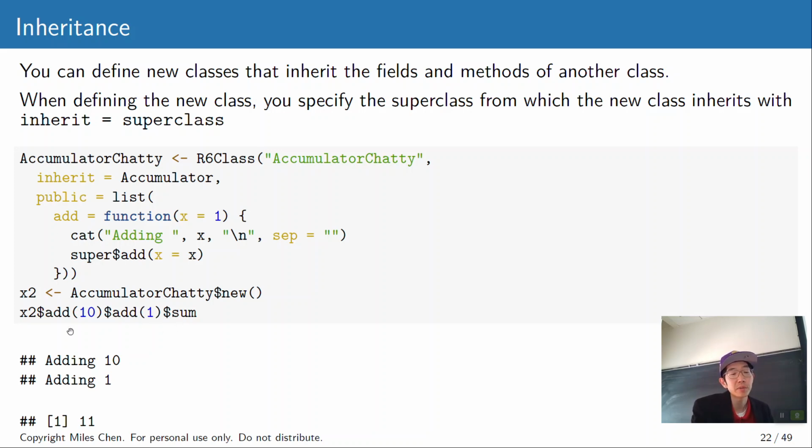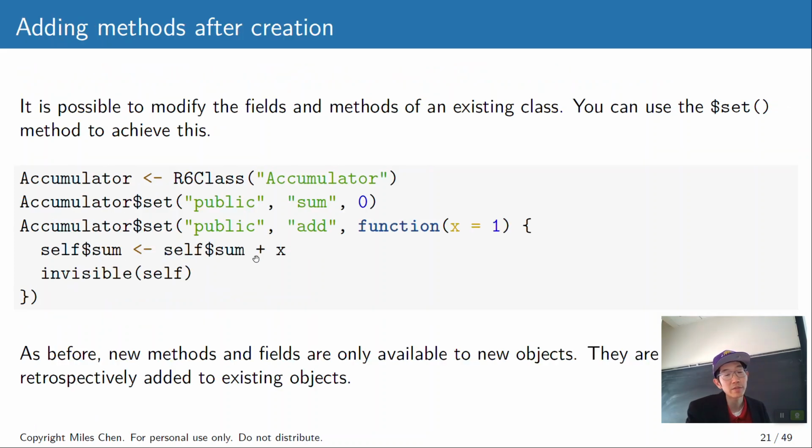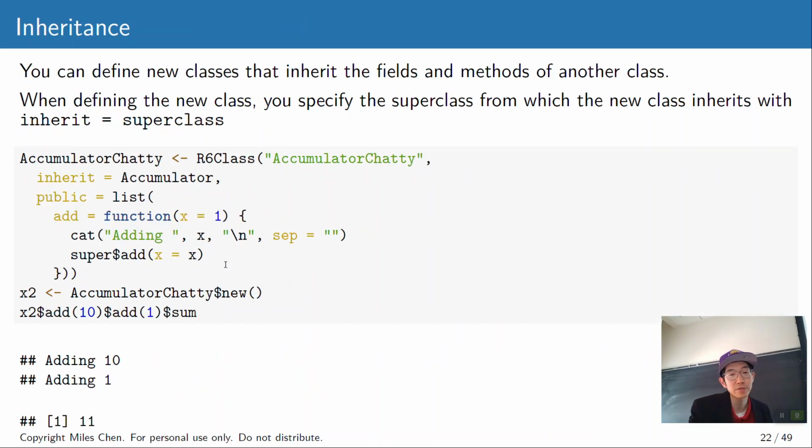When I call add 10, it executes a cat adding 10 to the screen, and then it calls super, where it adds 10, so it uses the parent class method of taking 10 and adding it to self$sum. Then we have add 1, and it cats adding 1 to the screen, and then we finally ask for the sum.